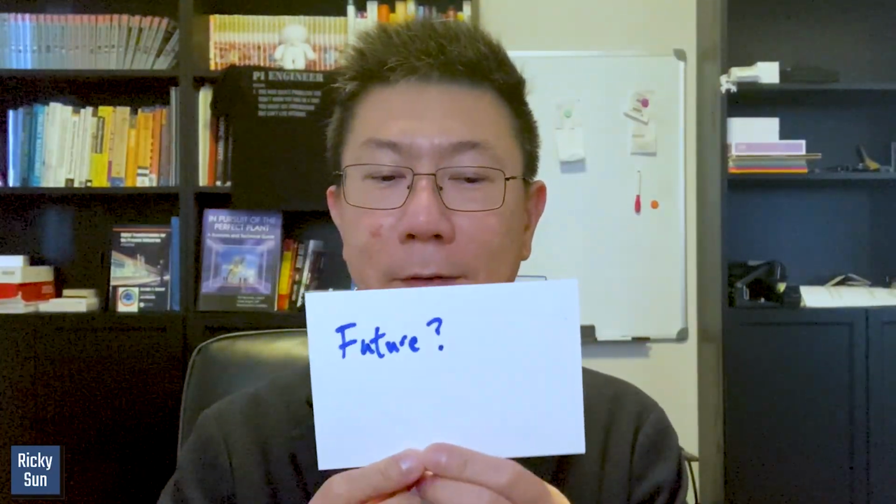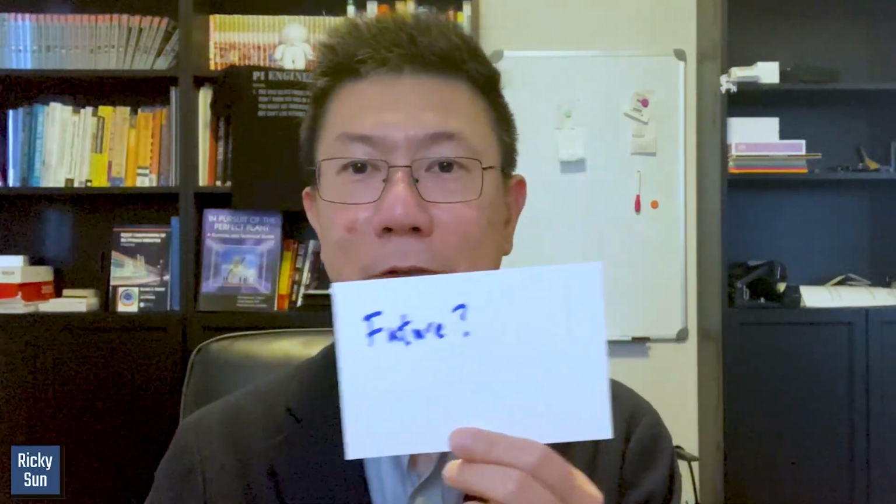Well, looking forward, what's the future? What I see nowadays is more and more customers can configure an OPC UA server as well, especially when they upgrade their DCS system or SCADA system. When they upgrade, they have an OPC UA server.